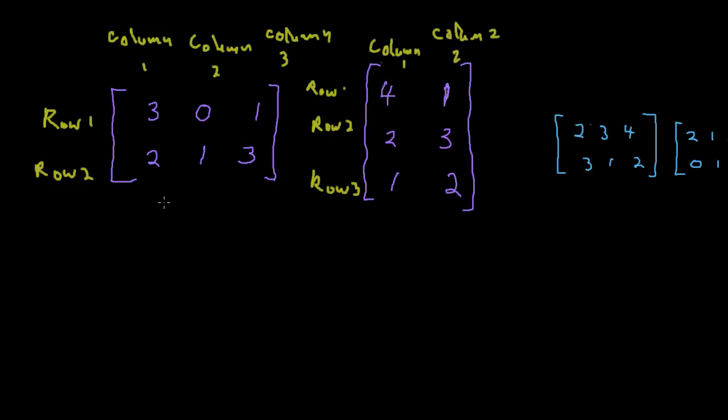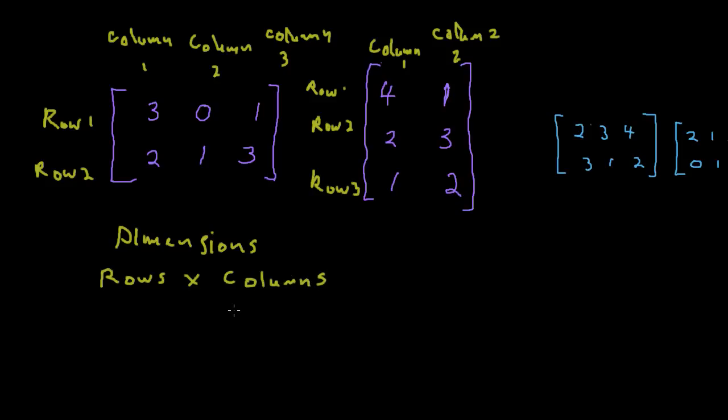Now, matrices have dimensions. Matrices, if you haven't figured out, is the plural of matrix. Dimensions are the number of rows they have by, and we use an X for the word by, the number of columns.